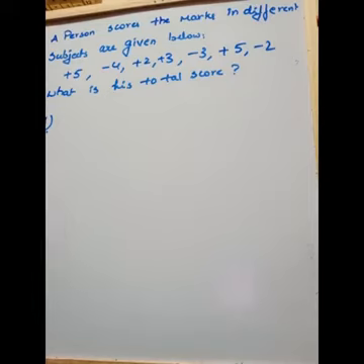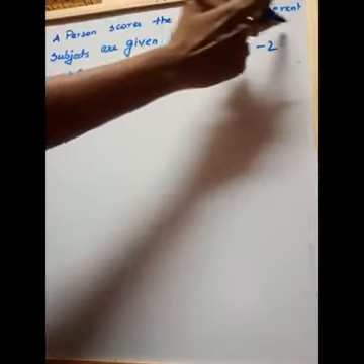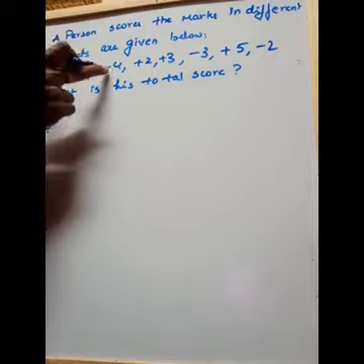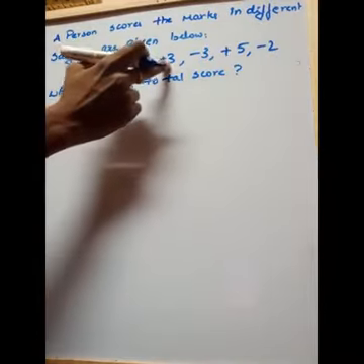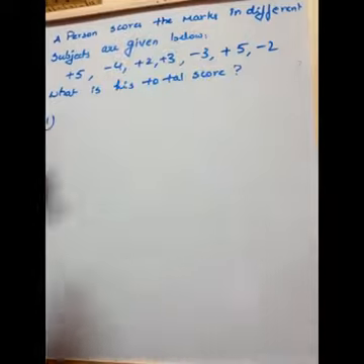Let us see a practical problem based on the additions of the integers. Here I gave a question. A person's scores in different subjects are given below. A person scored plus 5, minus 4, plus 2, plus 3, minus 3, plus 5 and minus 2.